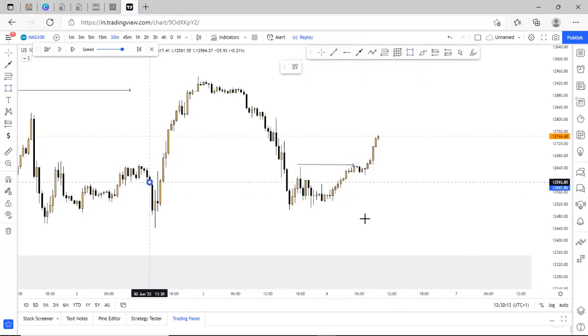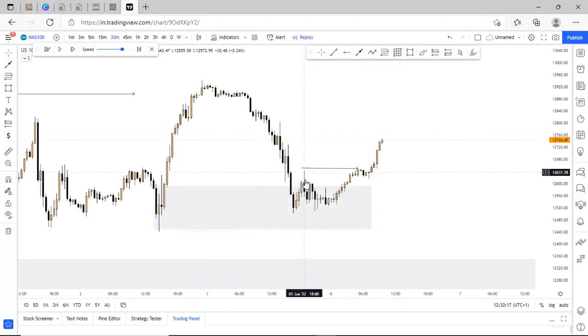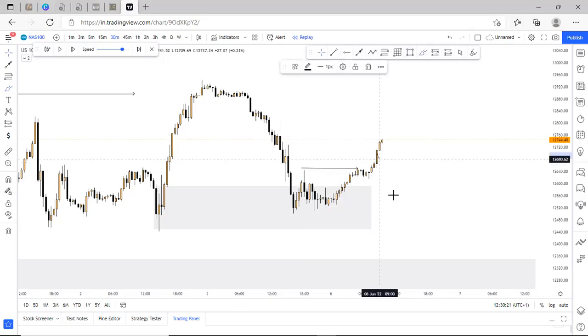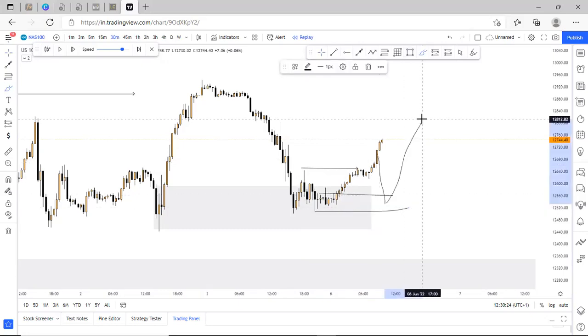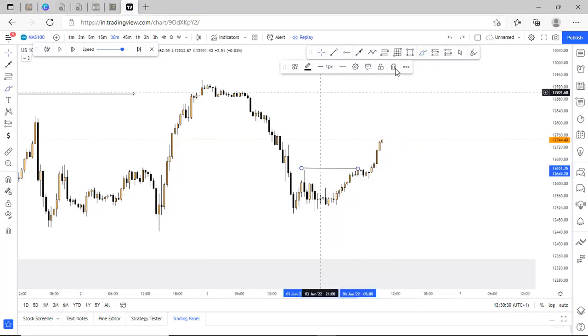So this was the demand, and after we broke this last lower high, price didn't return back to give an entry to go long. So that was why I left this pair alone at that time.